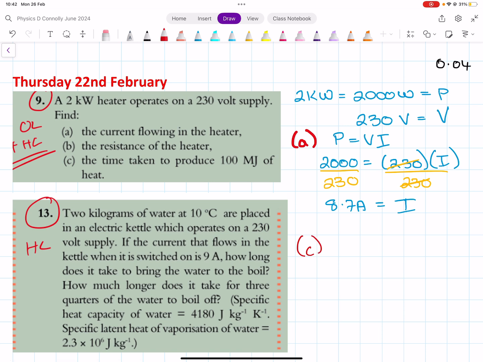And the time taken to produce 100 megajoules of heat.